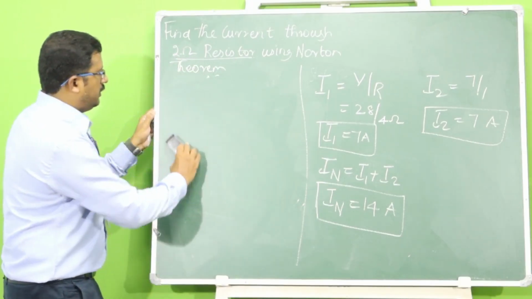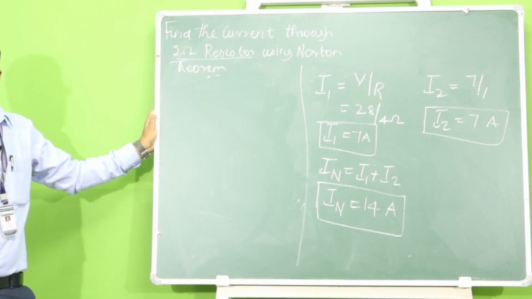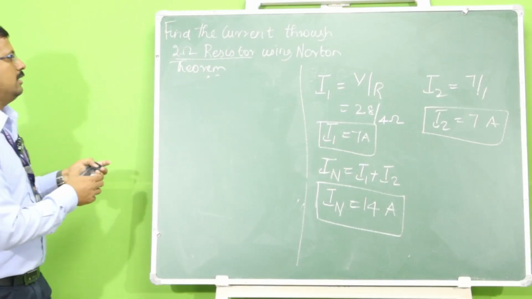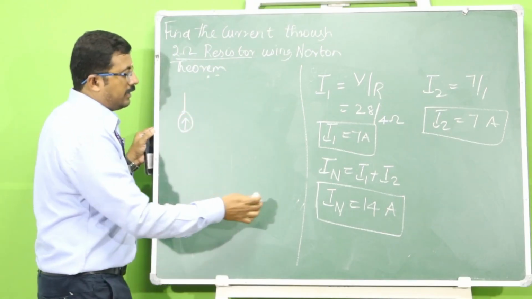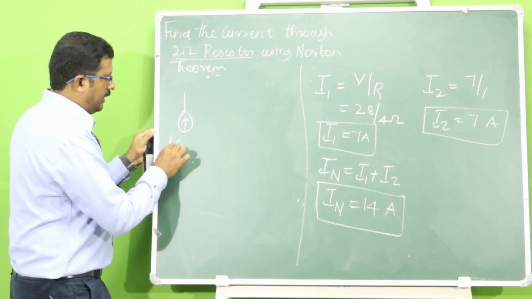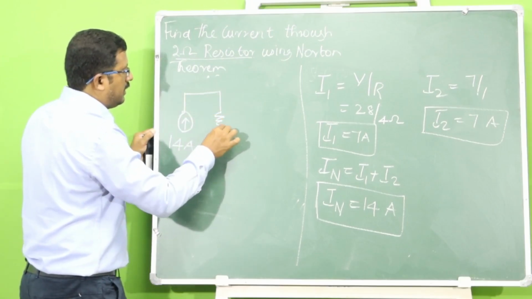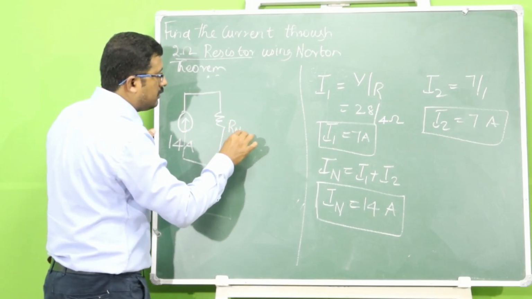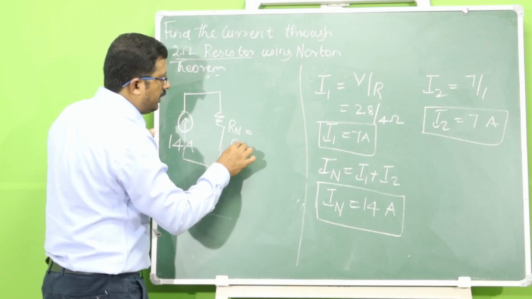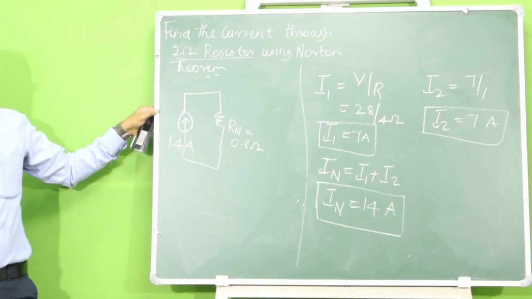To draw the equivalent circuit, you have to connect a single current source in parallel with a single resistor. My single current source value is 14 amps, which I have calculated, and the single resistor is nothing but the Rn value, which is equal to 0.8 ohms. So this is my Norton's equivalent circuit.